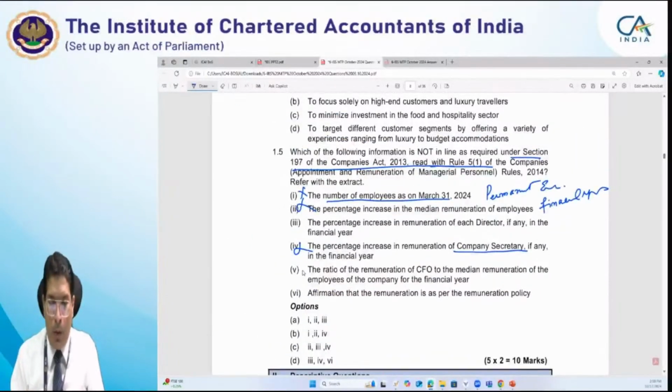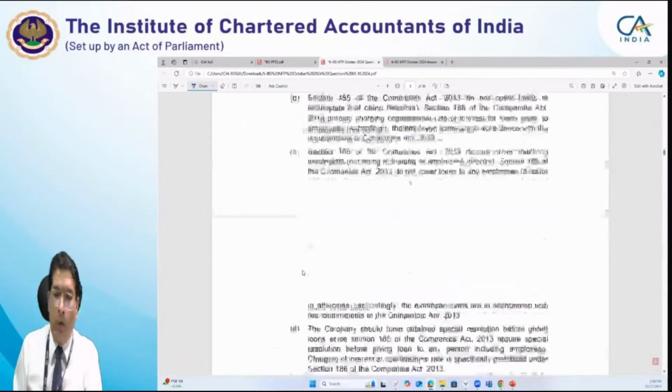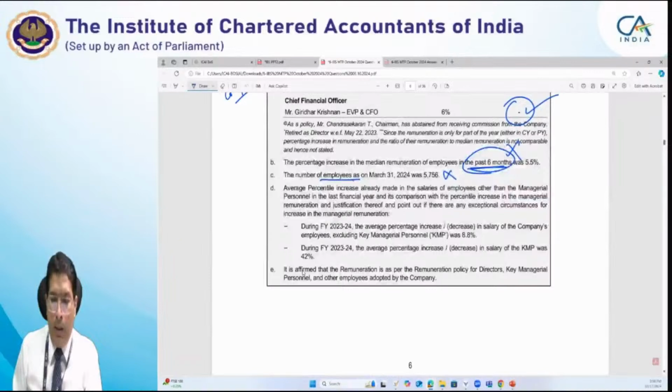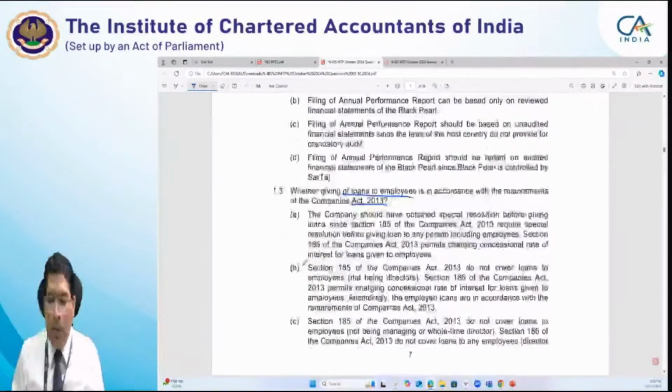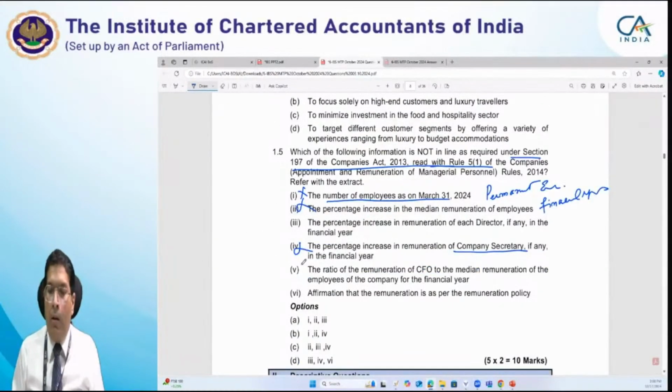Okay, it means this point is okay. And affirmation that remuneration is as per the remuneration policy. I think again it appears to be correct. It is affirmed that remuneration is as per the remuneration policy. Therefore, points number 1, 2, and 4 are not aligned with Section 197, read with Rule 5(1) of the Companies Act.